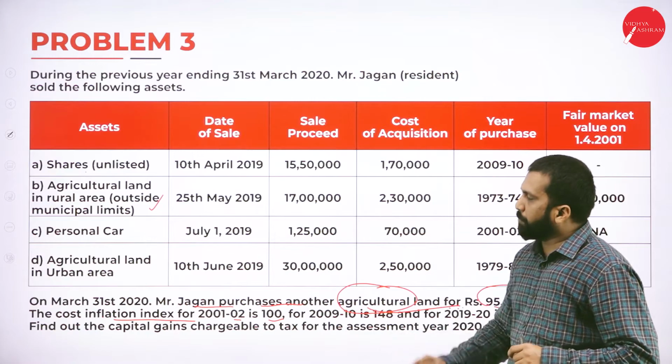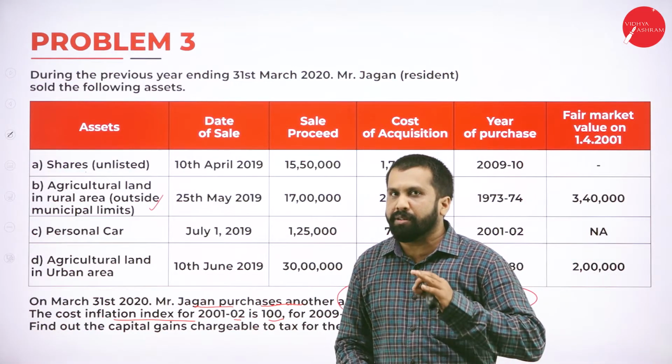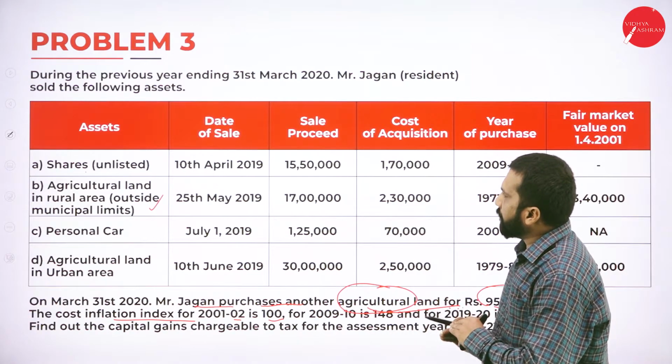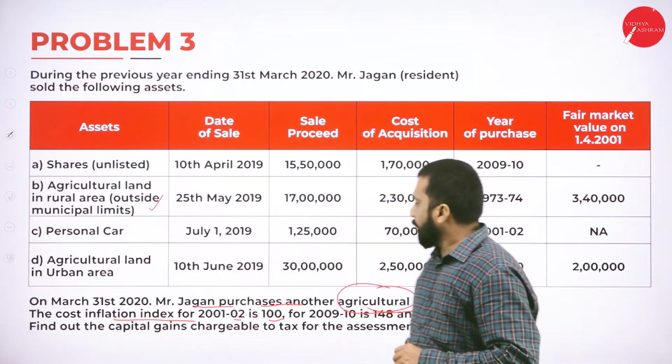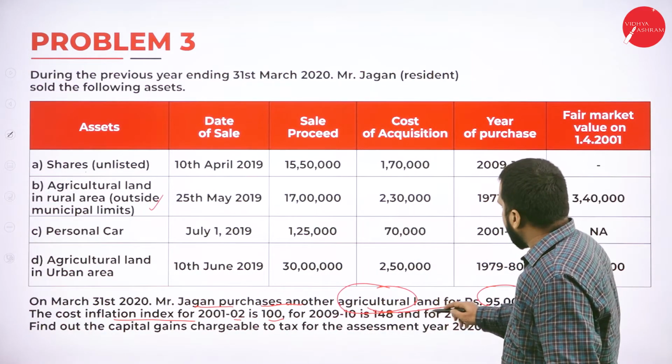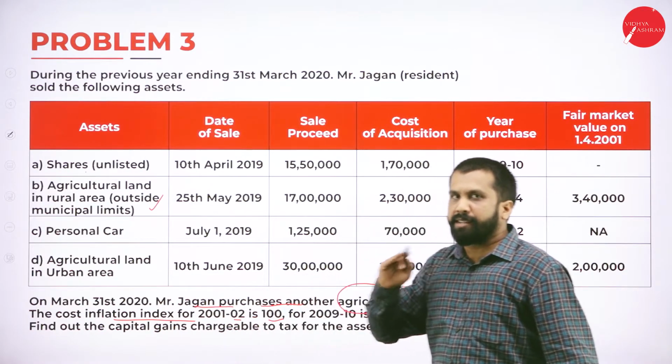All the inflation numbers will be given in the question itself. You need not mug up or learn. All the information is given, and the only adjustment is for agricultural land. Now, purchased another agricultural land for 95,000, all the details are given.